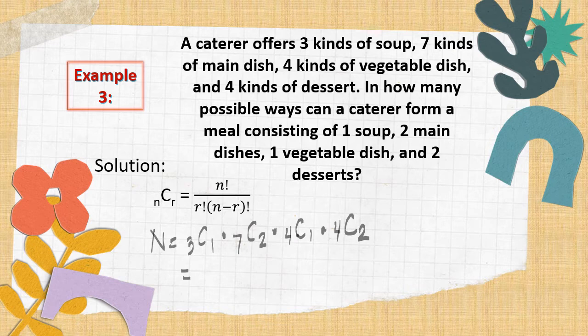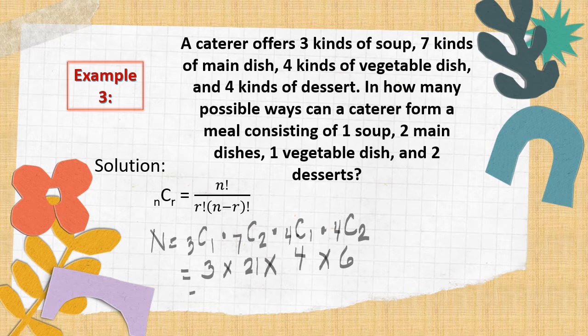So, 3 combination 1 or combination of 3 taken 1 at a time, kapag sinolve mo yan, ang magiging sagot is 3 times combination of 7 taken 2 at a time. Ayan. Kapag sinolve mo, magiging 21 times combination of 4 taken 1 at a time is equal to 4 times combination of 4 taken 2 at a time is equal to 6.